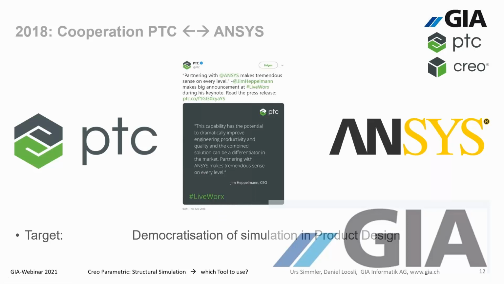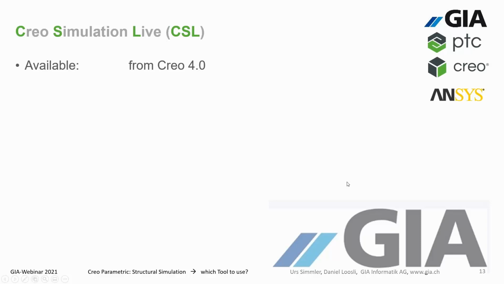There is a big value of doing more and more simulation and testing. We know that during these strange times with Corona, and with the help of that partnership, we should have easier to use simulation tools within Creo Parametric, and therefore we can see the Creo Simulation Live package in the Ansys environment. It's called the Discovery Live package.